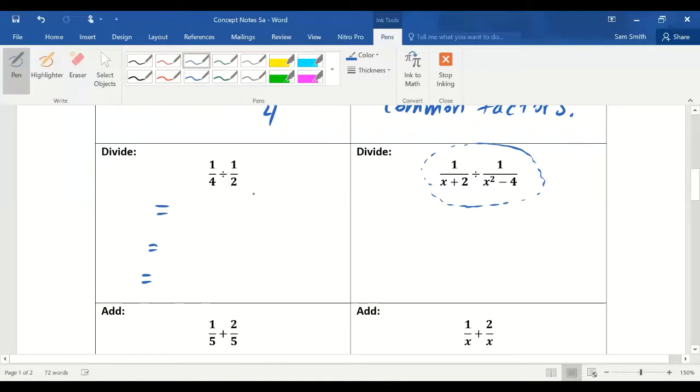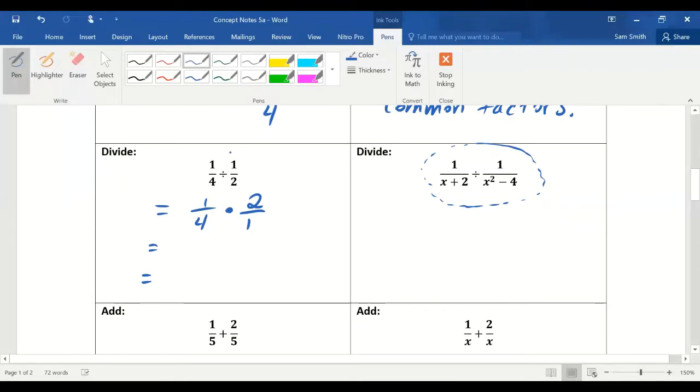To divide two fractions, the easiest way to make sense of that is multiplication: 1/4 times what's called the reciprocal of the second fraction. Take the second fraction, 1/2, flip it upside down so that it becomes 2 above 1.